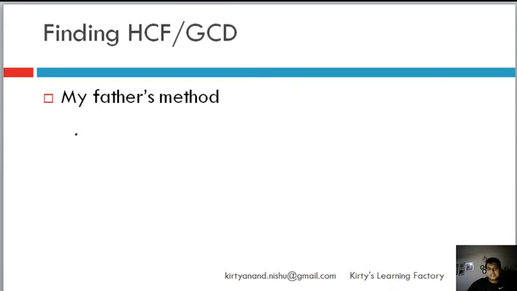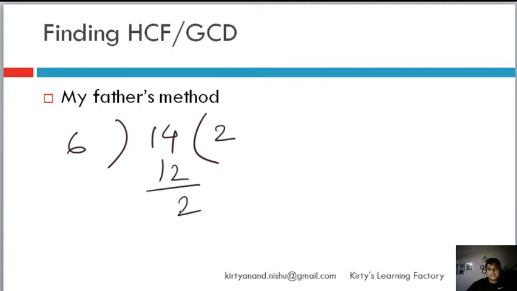Let's say there is a number 6 and then there is a number 14, and if I have to find the HCF or GCD for this, so what I will do, I will take the smaller number and I will divide the larger number. So what do I get? 6 2s are 12, and then I get 2 as remainder.